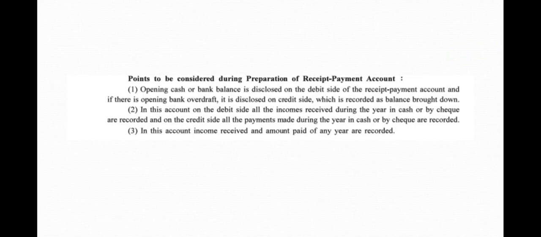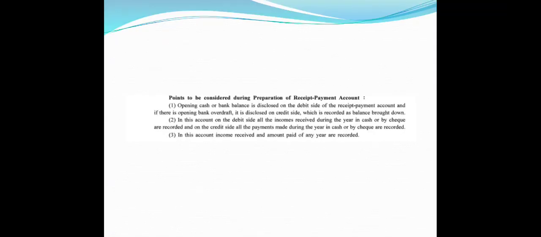Second, on the debit side, all the incomes received during the year in cash or by cheque are recorded, and on the credit side, all the payments made during the year in cash or by cheque are recorded. Third, income received and amounts paid of any year are recorded, irrespective of the current year, that is, whether it is of the current year, previous year or next year.